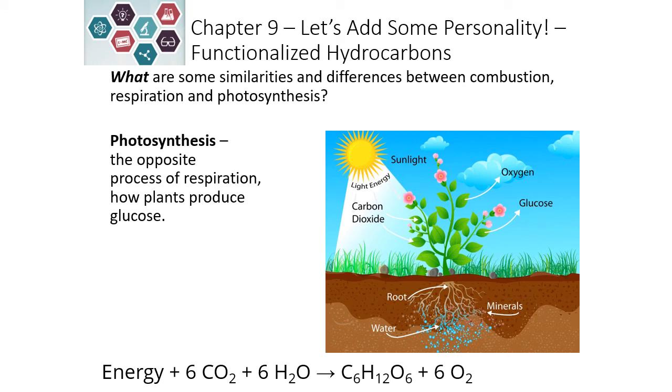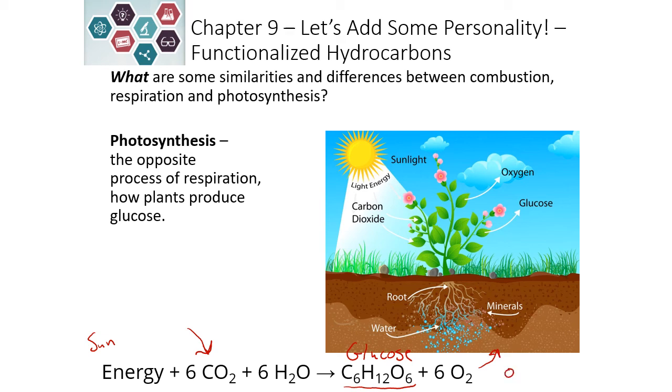Okay? If we look at photosynthesis, photosynthesis is the opposite process of respiration. Okay? In this case, plants are using energy from the sun. They use carbon dioxide from the atmosphere. Okay, so they're taking carbon dioxide and water that they use to grow, and they are producing glucose, and they give off oxygen.